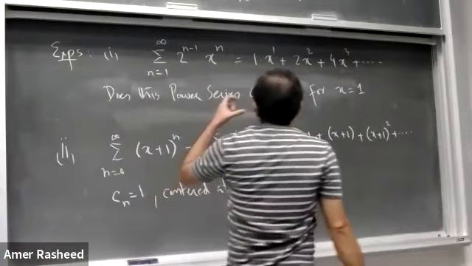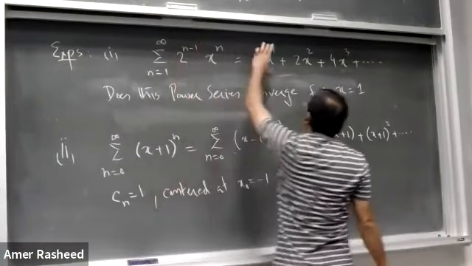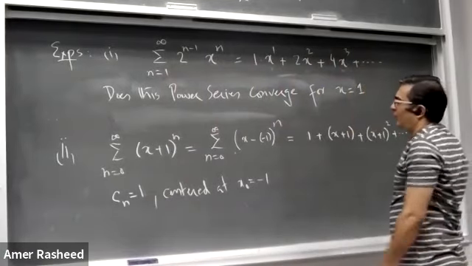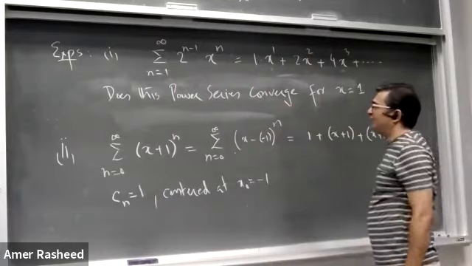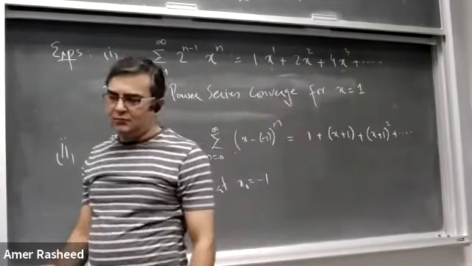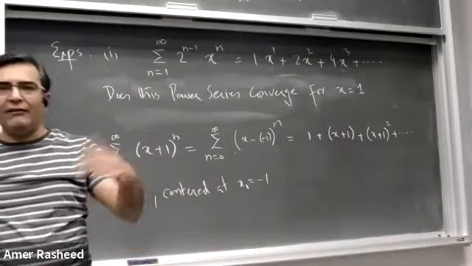So in short, we can discuss the convergence of any series of this kind, which is a power series, for any particular value of x. We can discuss its convergence or divergence.